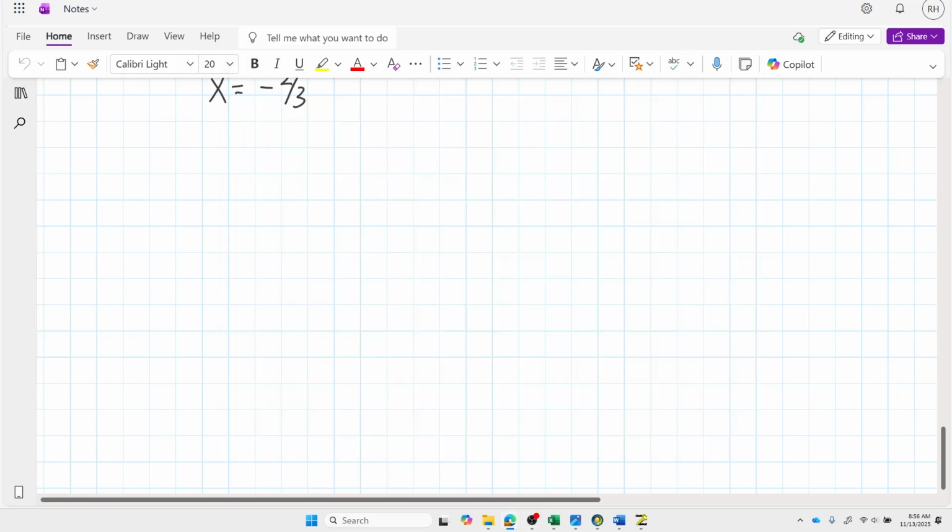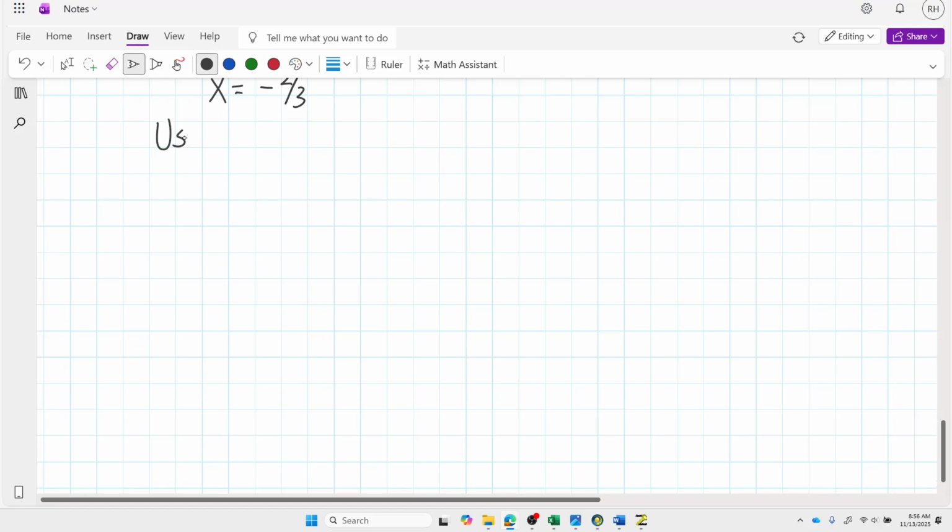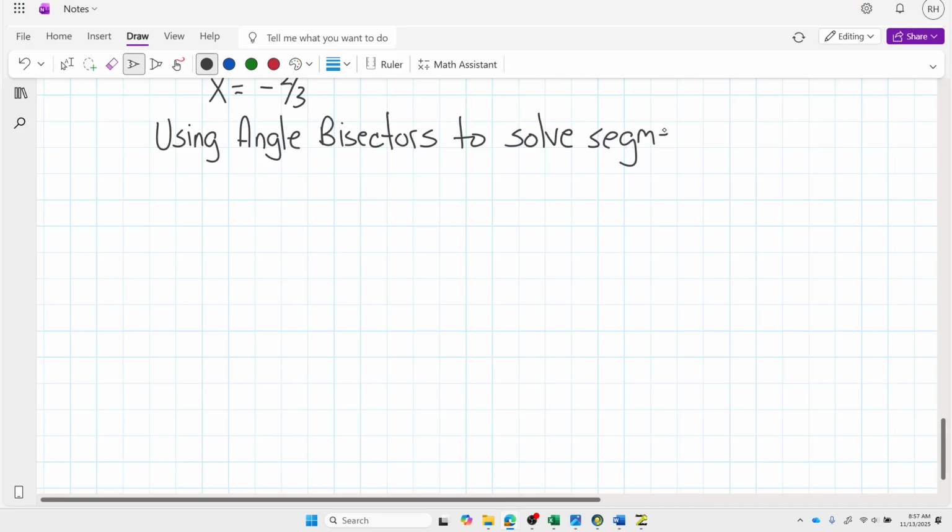All right, we're going to start on the bottom of page 326 today. You're going to be using angle bisectors today to solve segment and angle problems.